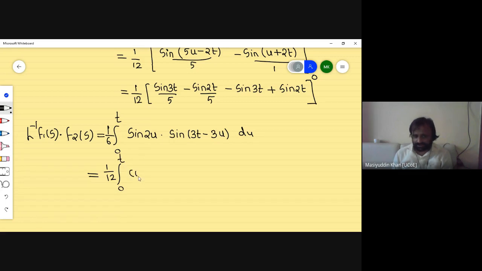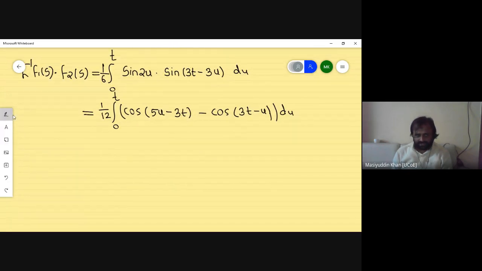So cos of a minus b, you will get 2u minus minus, it is plus, 5u minus 3t, minus cos of a plus b. So the remaining will become, you can just see that this is a minus u, the remaining will become minus u. So I'm just writing 3t minus u into du.